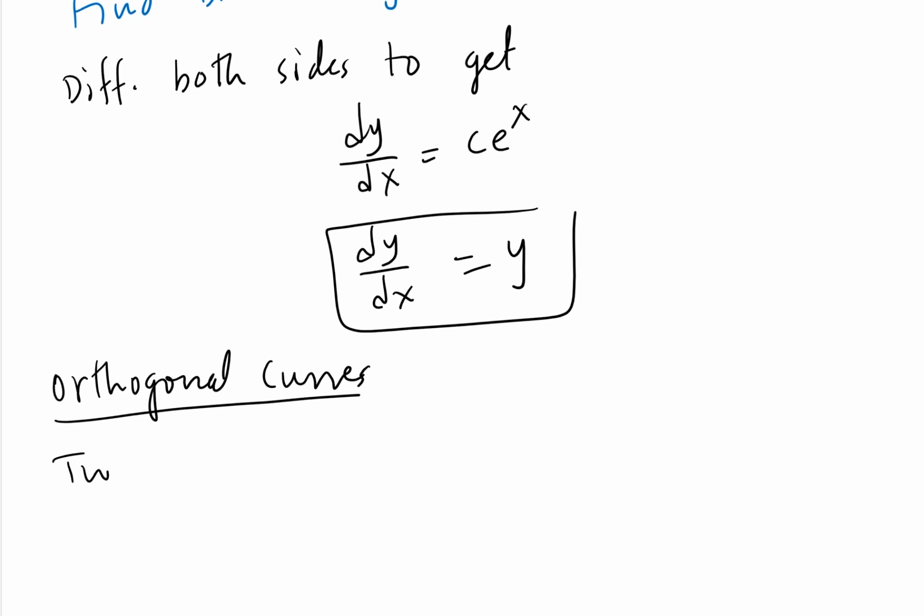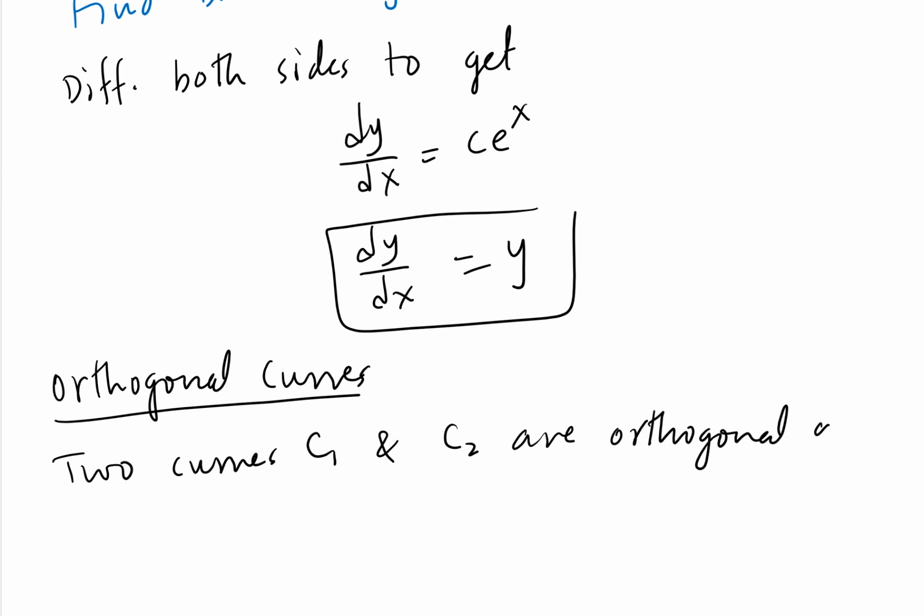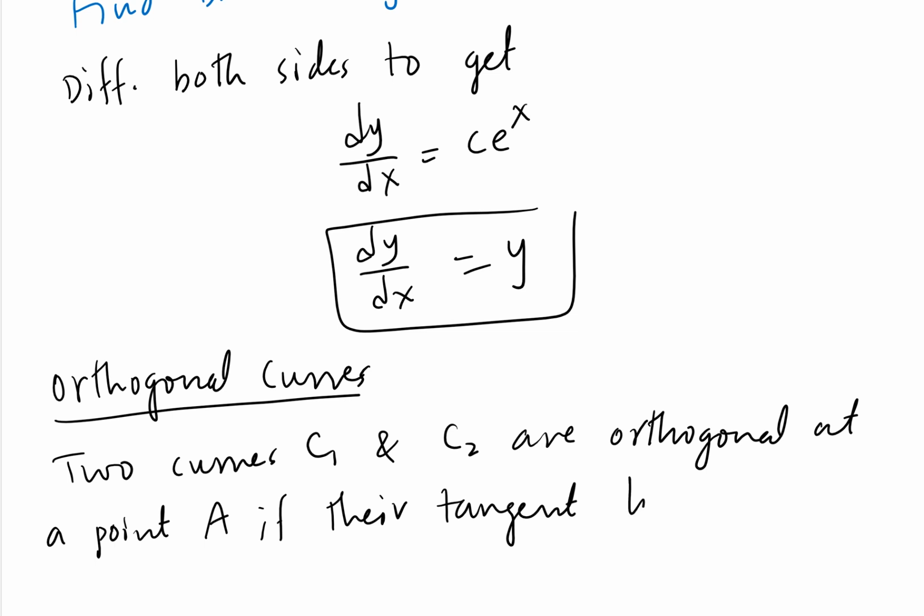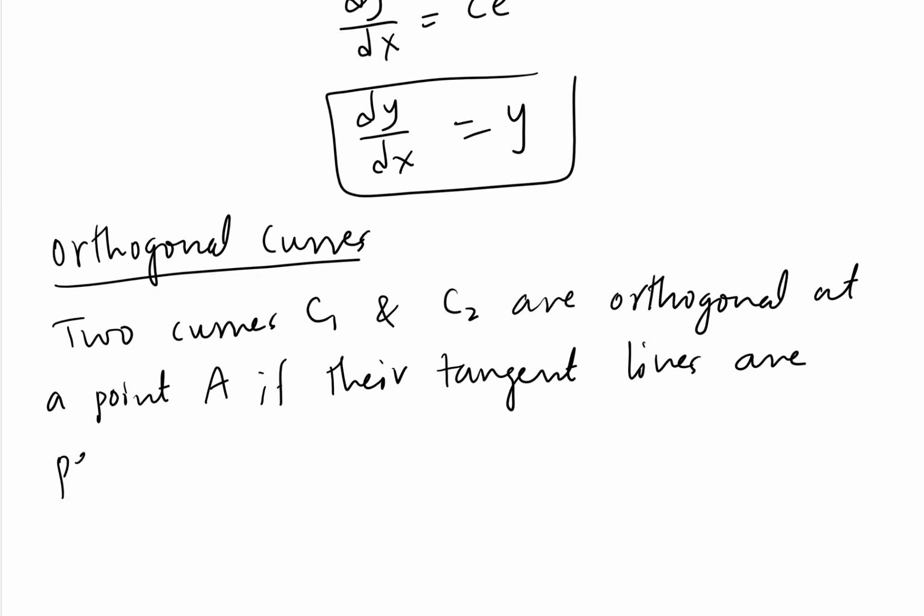We say two curves, let's call them C1 and C2, are orthogonal, which is like perpendicular, at a point A, which is their point of intersection, if their tangent lines are perpendicular at that point, at point A.